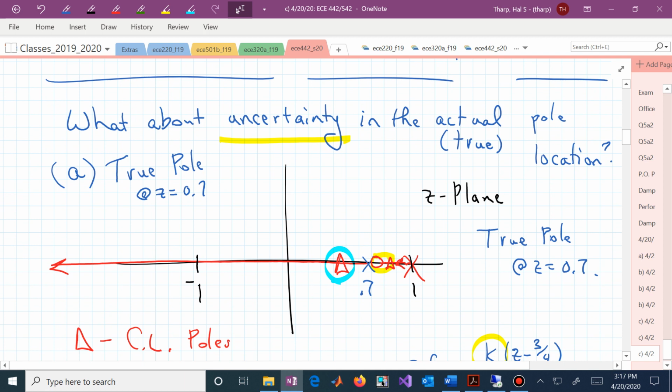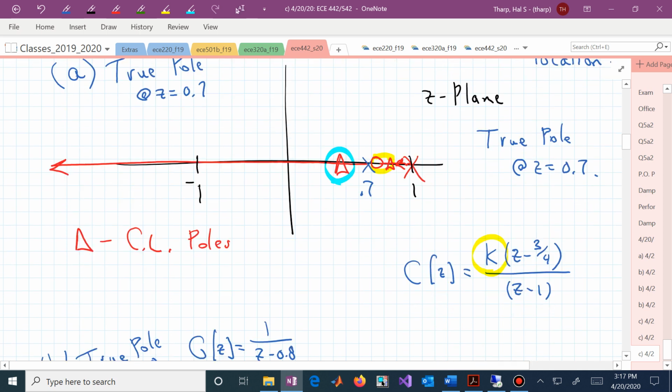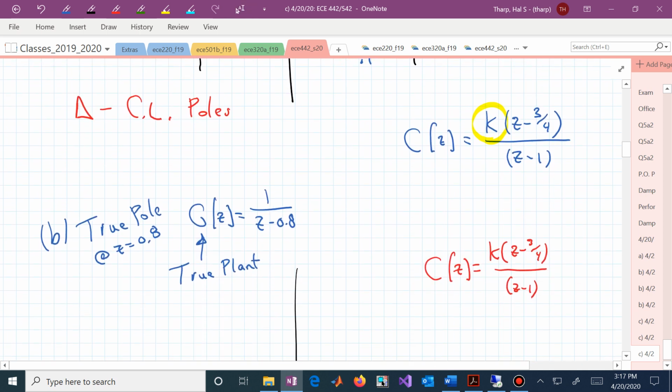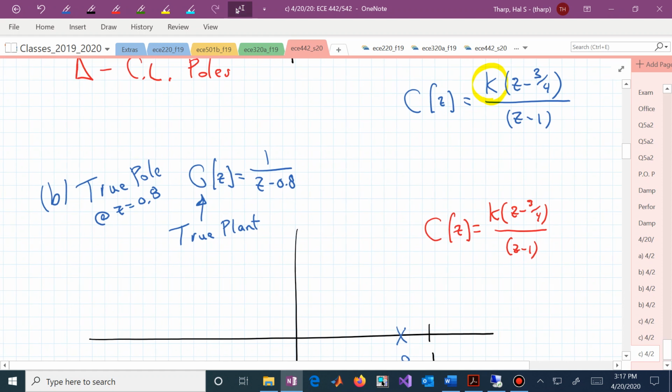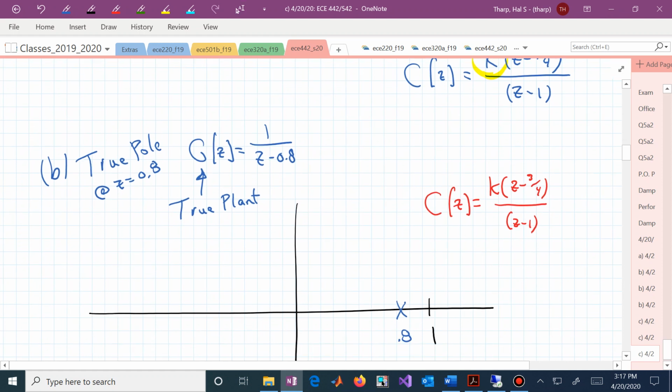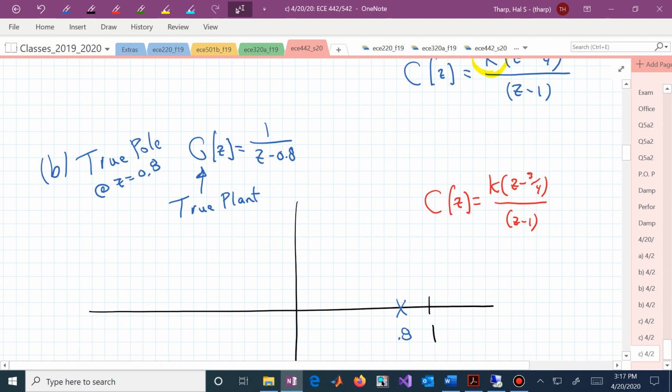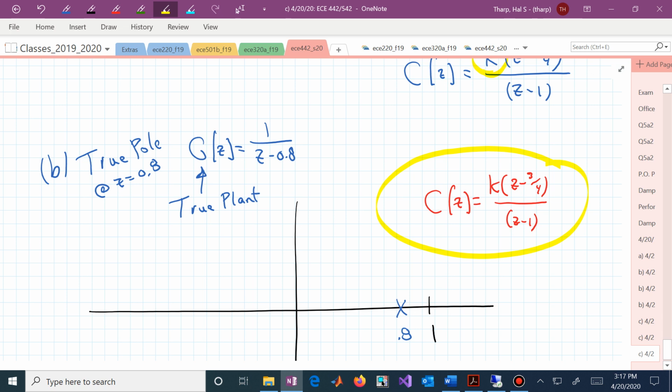Okay, that's if our true plant was at 0.7, but now somebody said, oh, in fact, your true plant had a pole at 0.8. Oh, now what do you do? So now your true plant is 1 over z minus 0.8, and you've still designed your system based on that plant model that you assumed, and that had a pole at 0.75.